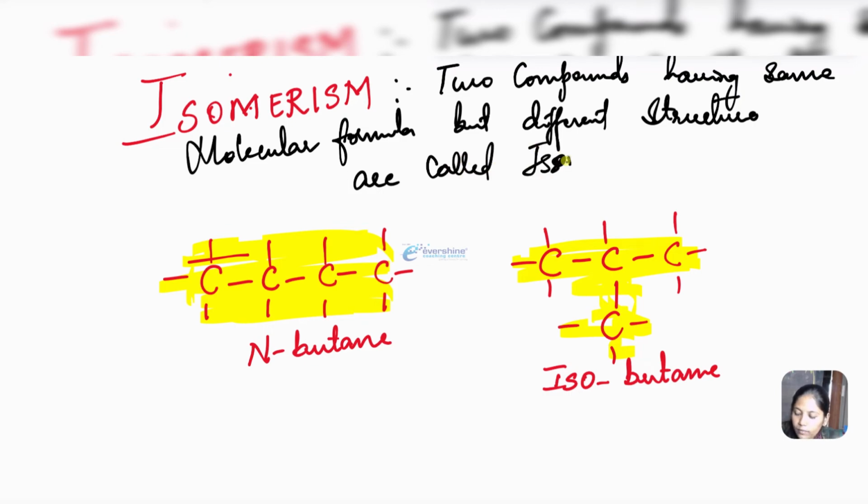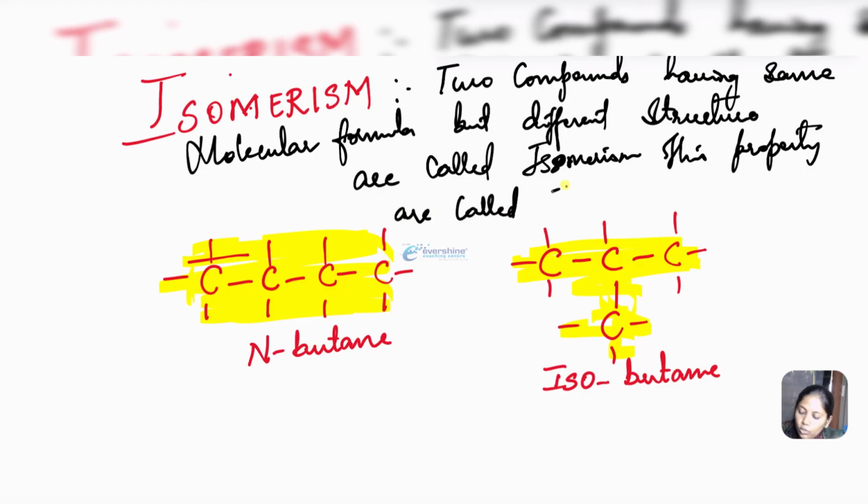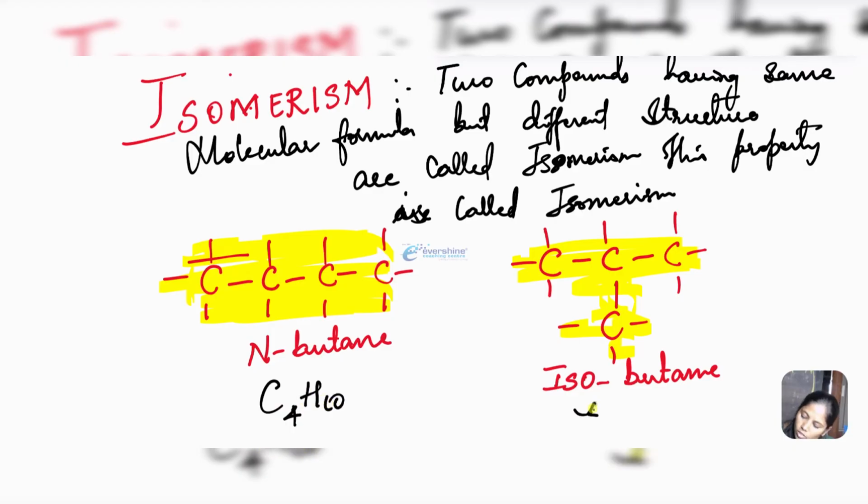This property of isomers is called isomerism. Got it? Here you can see both are having C4H10, but this is a straight chain and this one is a branched chain. Two compounds having the same molecular formula C4H10 but different structures, straight chain and branched chain. This is called isomer and isomerism.